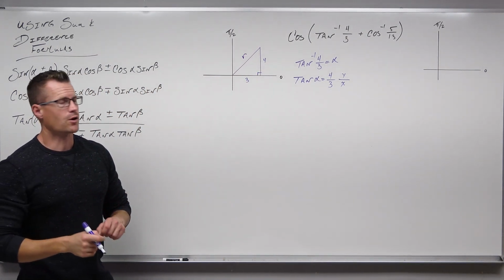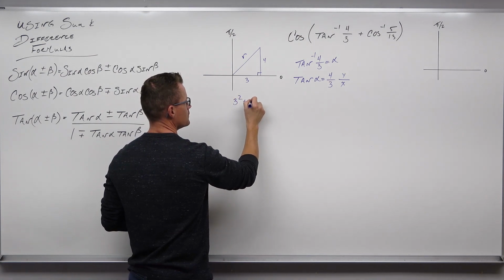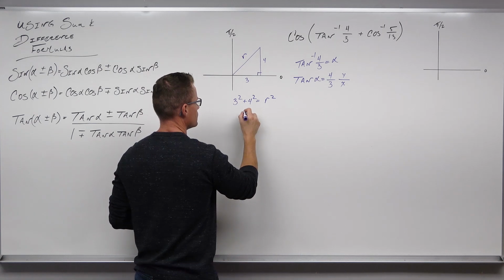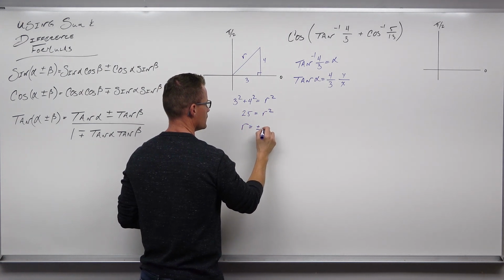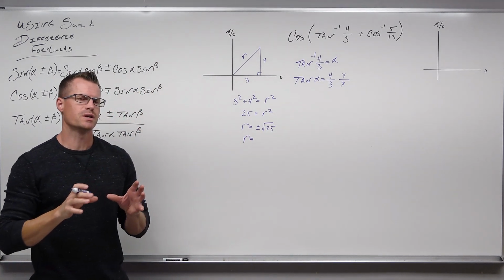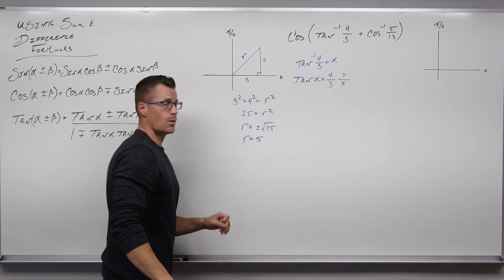And we can certainly find our r for that. We almost exclusively keep r positive, so we're going to take positive 5 here. And we're going to keep on going.